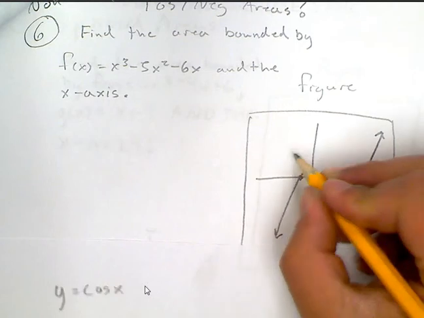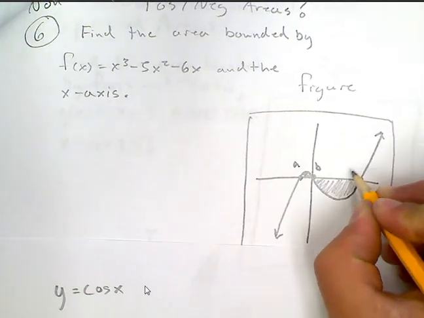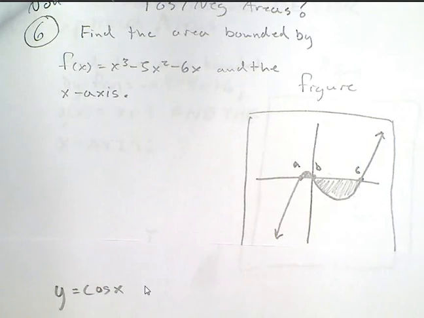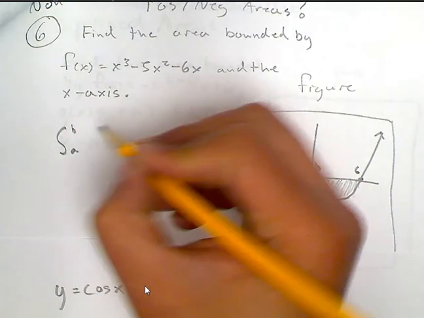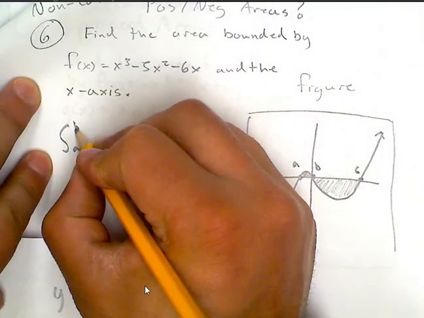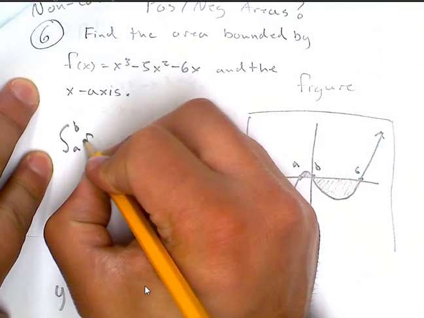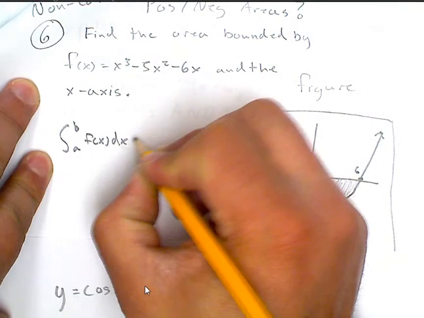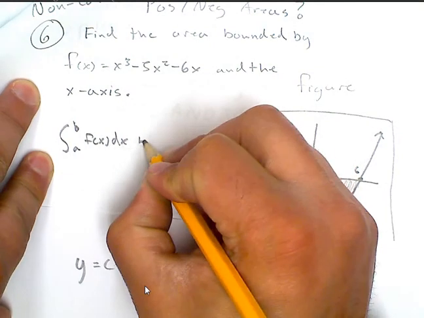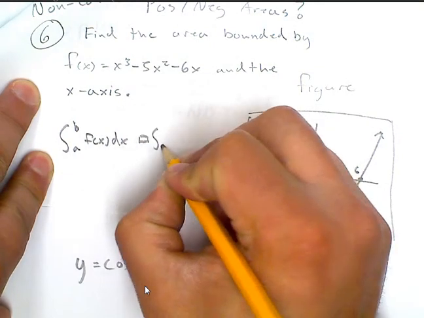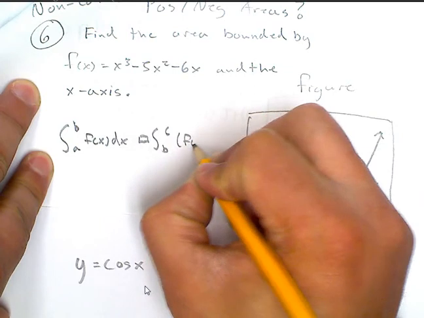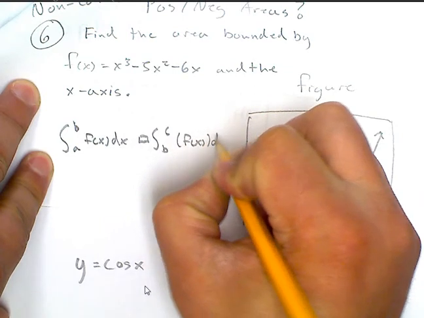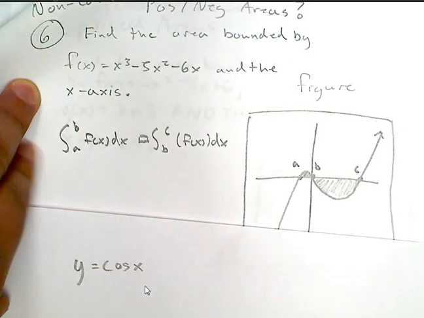So if this is a and this is b and this is c, your integral will look like the integral from a to b of f of x dx minus the integral from b to c of f of x dx. That's it. That's all you have to do.